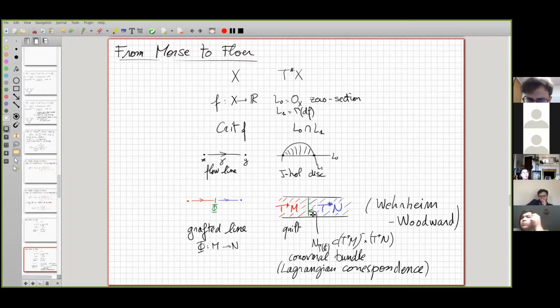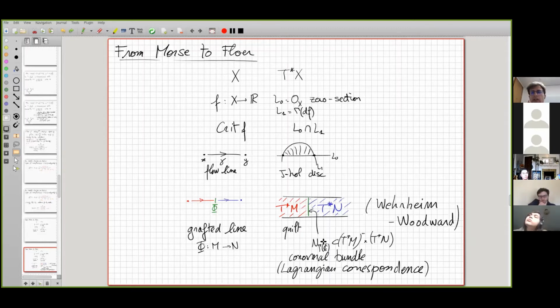If you take a point in the middle, you have two images in T star M and T star N, and then you want them to lie in the Lagrangian inside this product, that's the conormal bundle of the graph of phi. So this is how these things correspond in Floer homology.